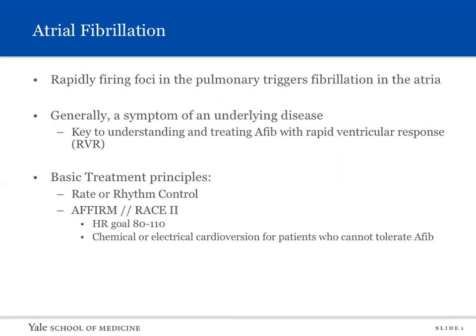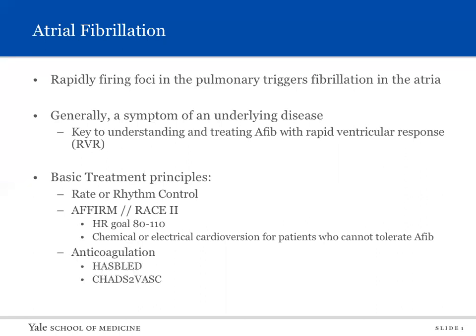And we have two really big studies that help guide therapy. These are the AFFIRM and RACE-2 trials, which basically said lenient heart rate goals of 80 to 110 are appropriate for atrial fibrillation and provide similar outcomes compared to rhythm control. For those that can't tolerate being in atrial fibrillation, even when the rate is controlled, there's always the option of chemical or electrical cardioversion.